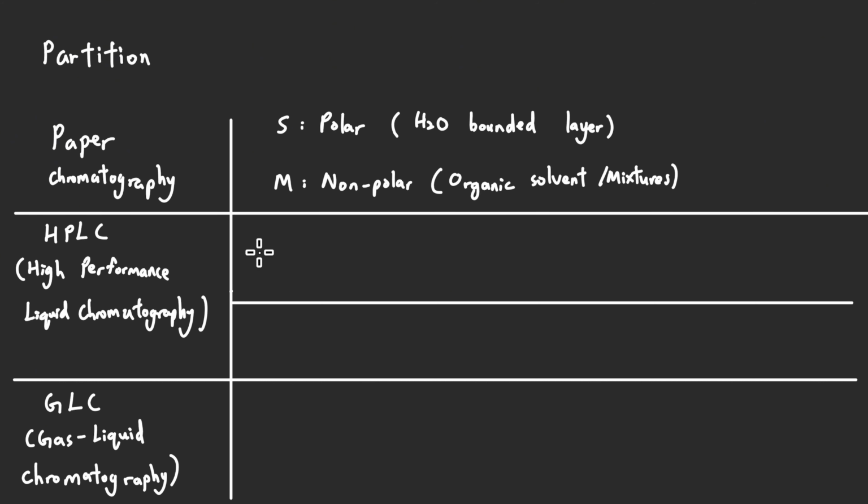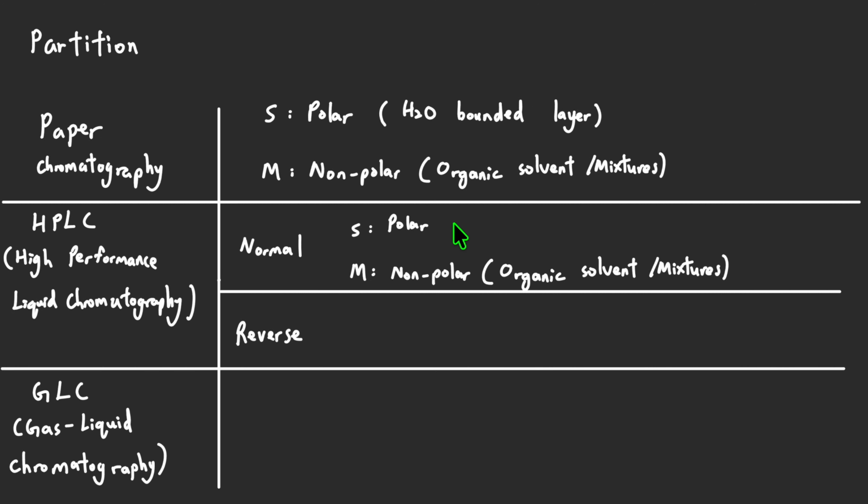Now HPLC, we have normal and reverse phase. In normal phase, the stationary phase would be polar and the mobile phase would be non-polar. For polar, you can use silica. But for reverse phase, everything is reversed.